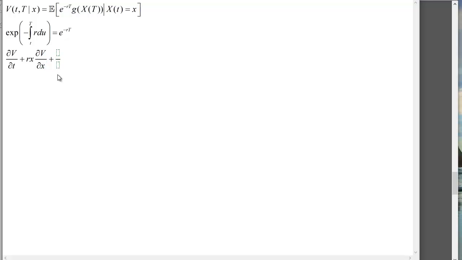Then we take the second order partial where we have a coefficient 1/2 sigma squared x squared, and then we have this second order partial.